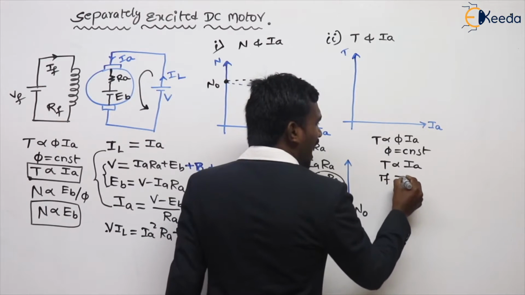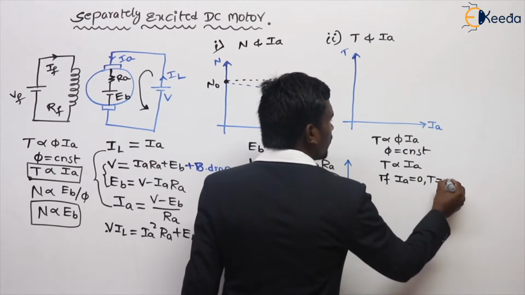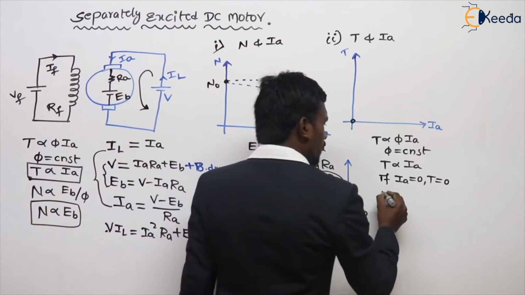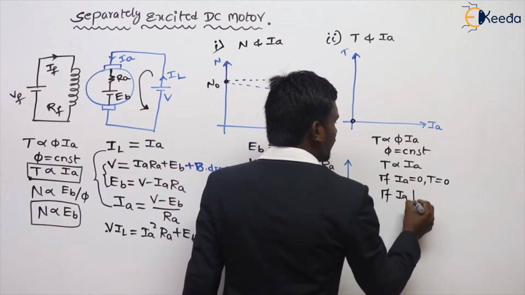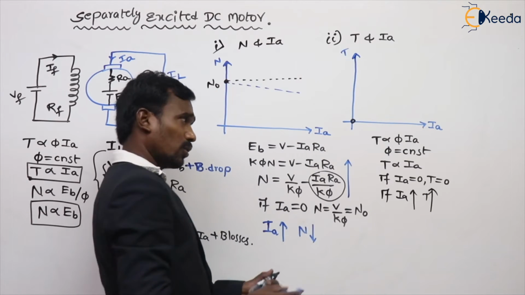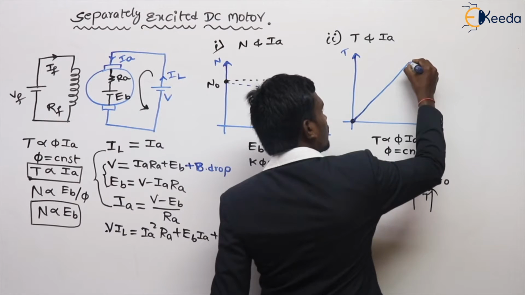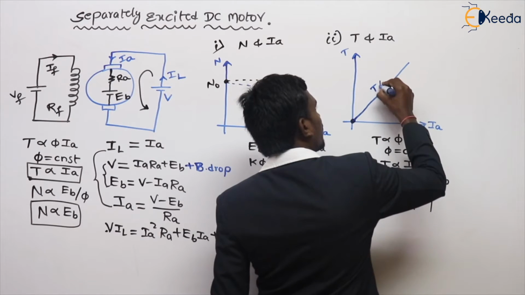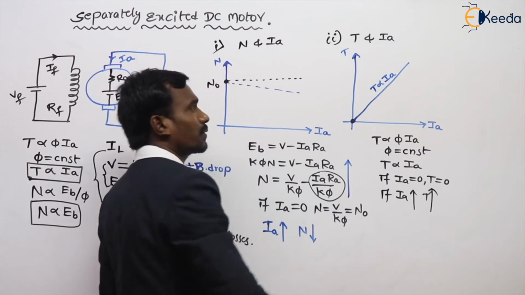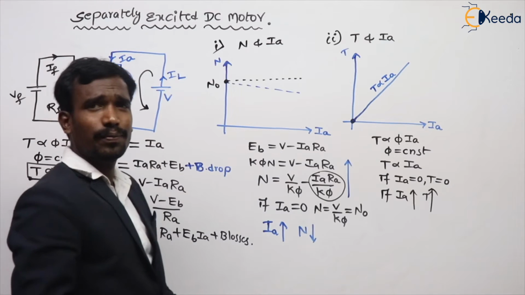If IA is equal to 0, then torque is equal to 0. If IA increases, then automatically torque also increases like this. This is torque directly proportional to IA. Right. Up to this everything is clear.